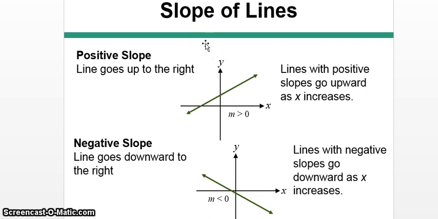Slope of lines. Positive slope, line goes up to the right. Look at here, the line goes up to the right. m is positive here. Lines with positive slope go upward as x increases.